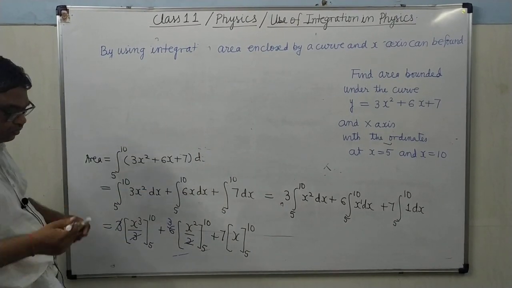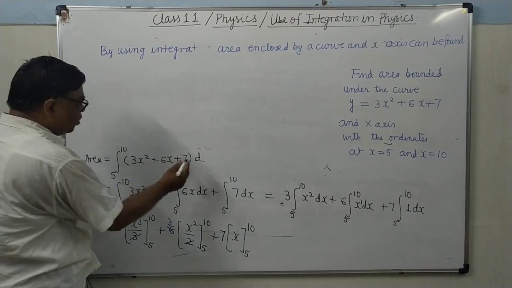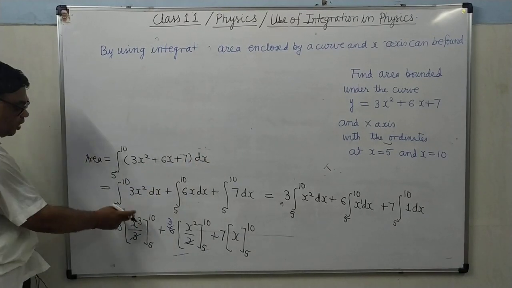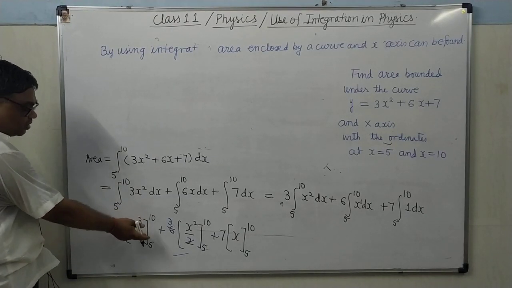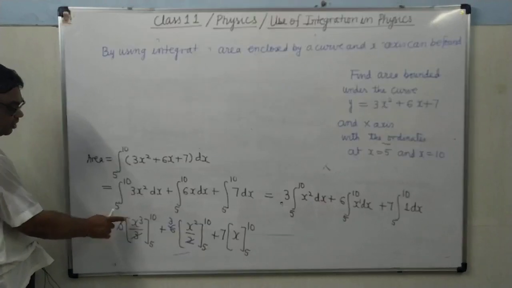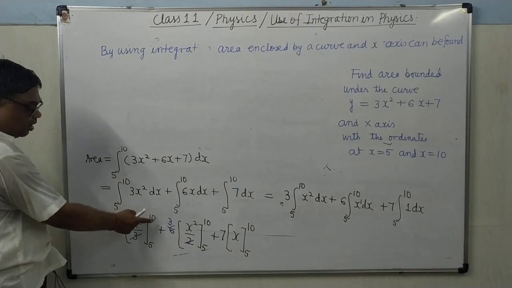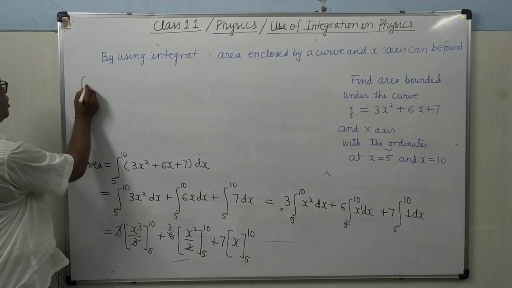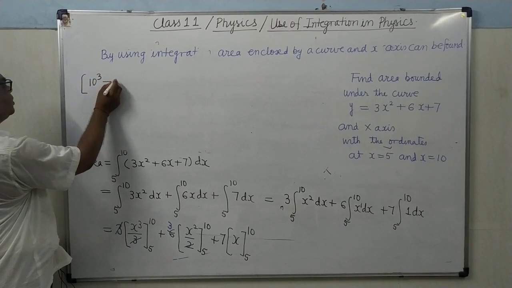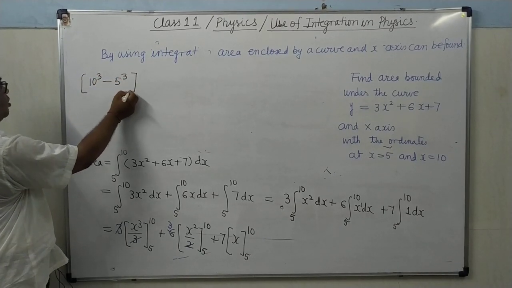How will you evaluate? So x cube from 5 to 10 means its value at upper limit minus its value at lower limit, that will be equal to 10 cube minus 5 cube.